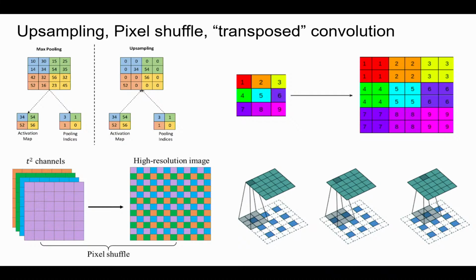And of course, you can use convolution to enlarge things. You can use convolution with a stride to make things smaller, and you can use a stride smaller than 1 to enlarge things.